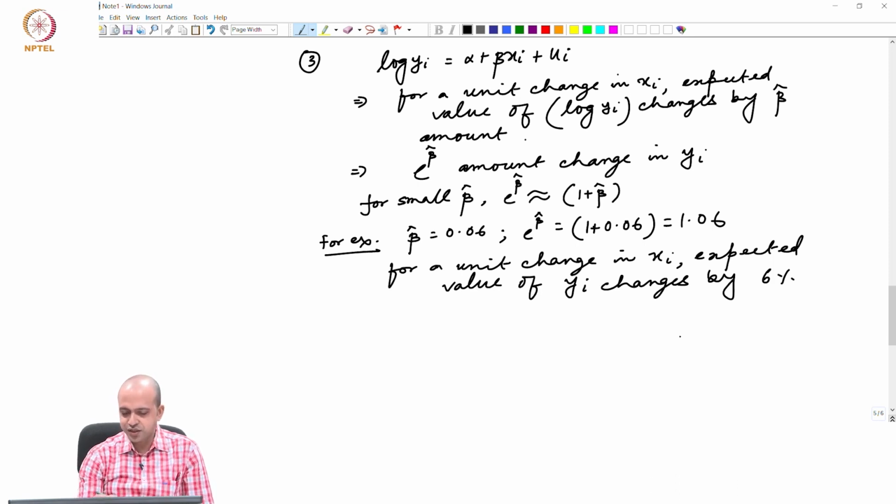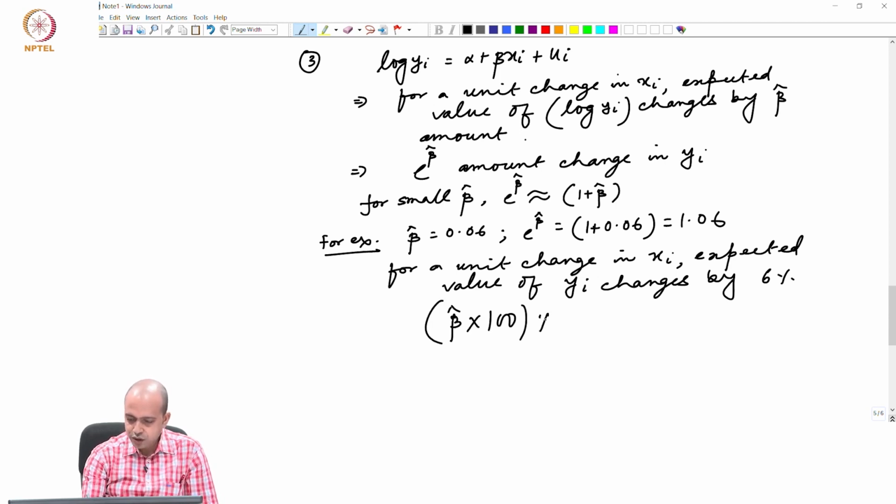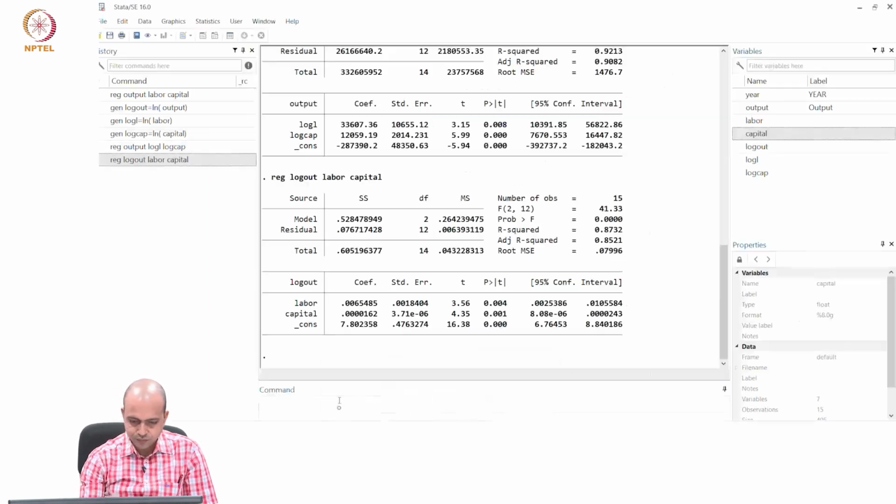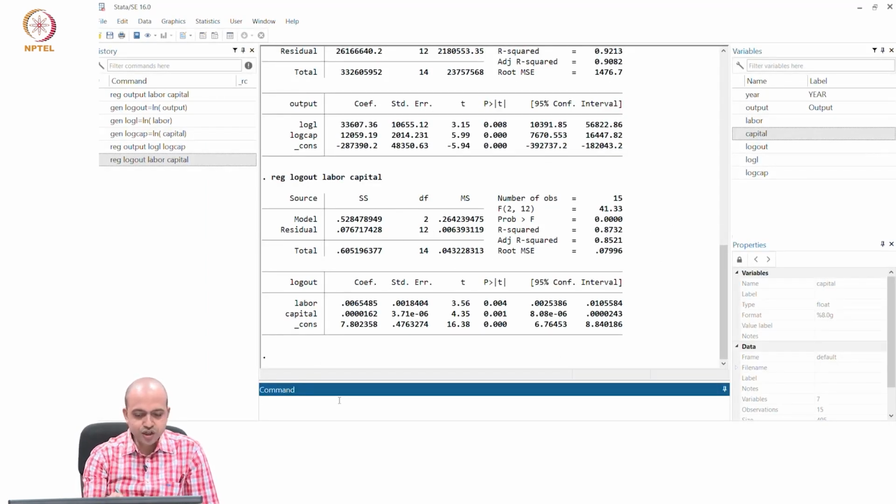Okay, 6%. That means you multiply beta hat by 100 and that would be the percentage change in expected value of yi given xi. So, you multiply beta by 100. So, for a unit change in x, now you come here. For a unit change in labor, output changes by, if you multiply this by 100, it will become 0.65%.